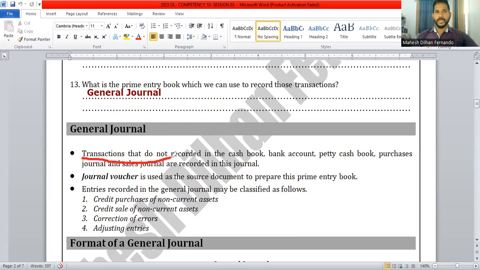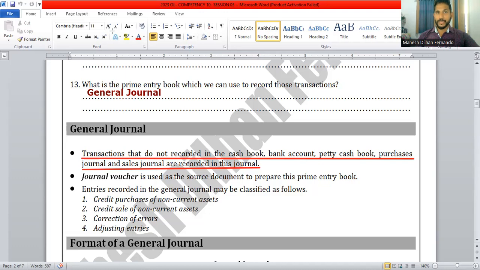Transactions that do not record in the cash book, bank account, petty cash book, purchases journal or sales journal are recorded in the general journal. So it is the place to record the other transactions that cannot be recorded in the aforesaid primary books.